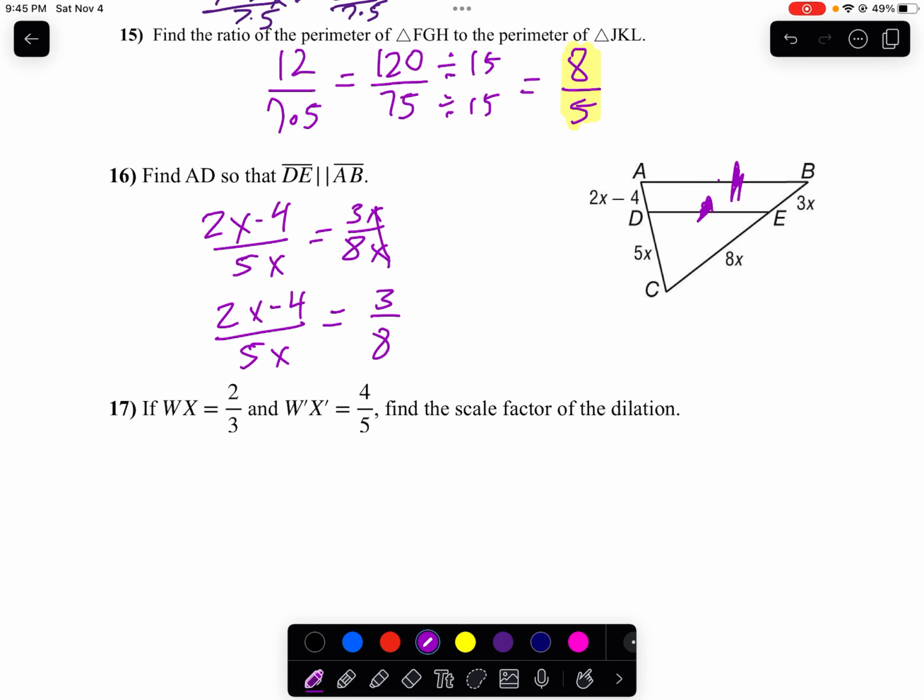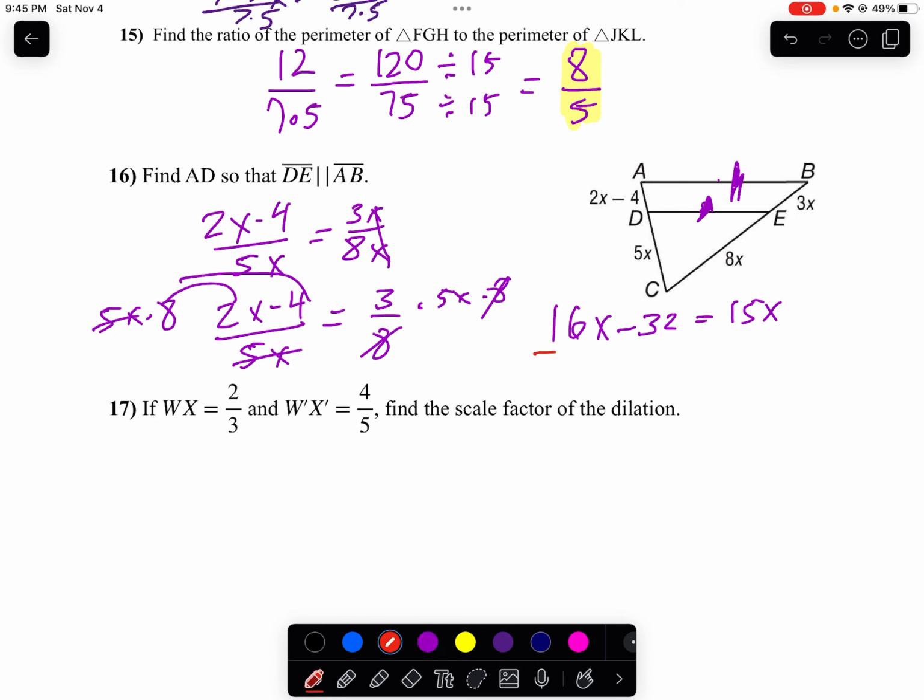And then I'll clear my fractions. I'll multiply both sides by 5x and 8. Notice on the left side we'll get 5x, so we distribute that 8. So 8 times 2 is 16x, minus 8 times 4 is 32. Equals, on the right hand side, the 8's reduce. 3 times 5 is 15x.